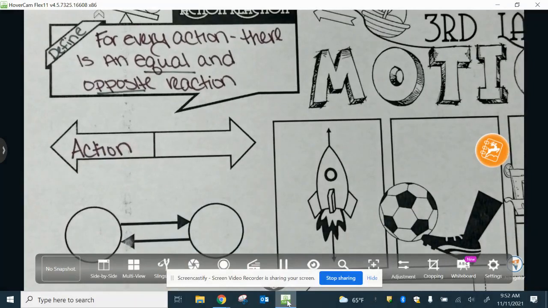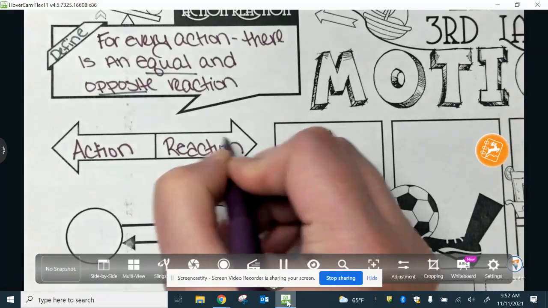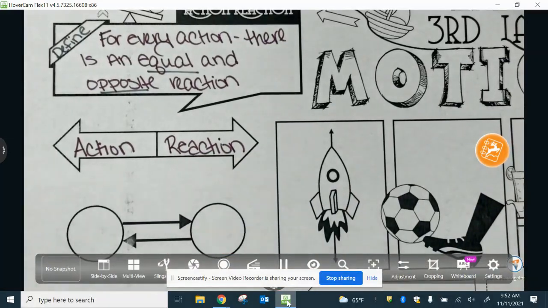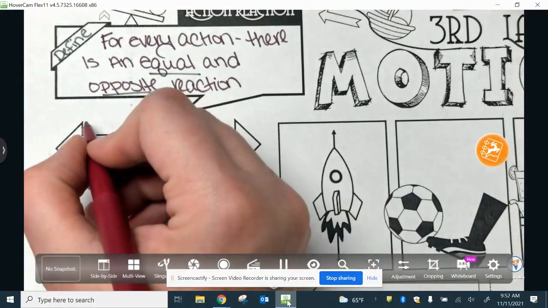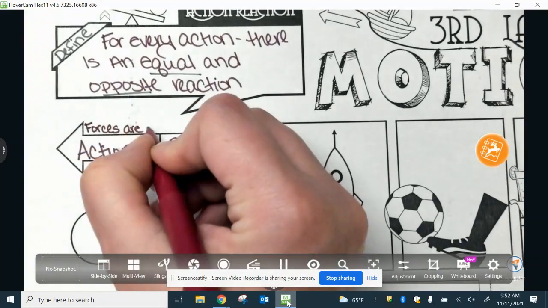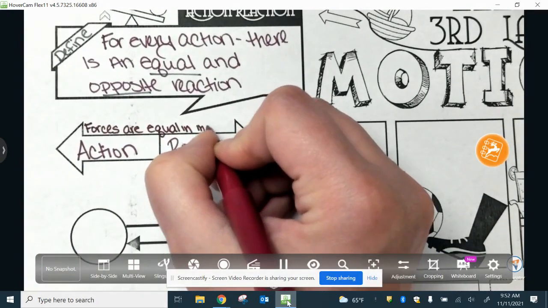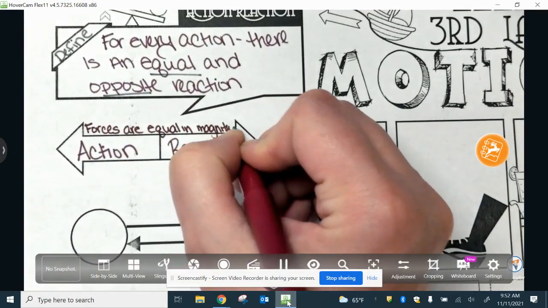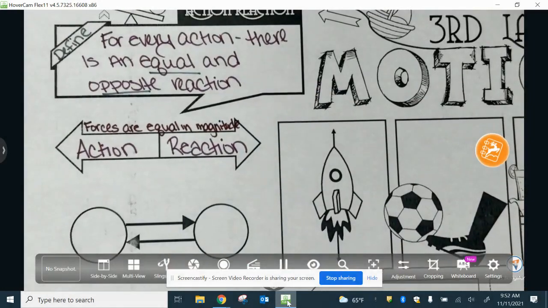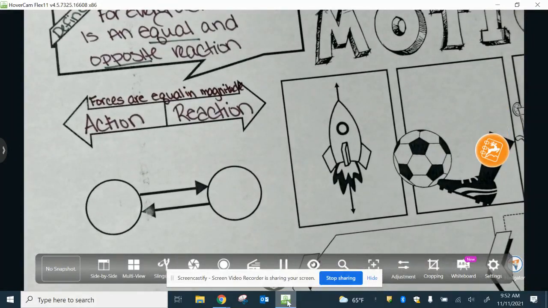So again, for every action, there's a reaction. The forces are equal in magnitude, but they act in opposite directions.